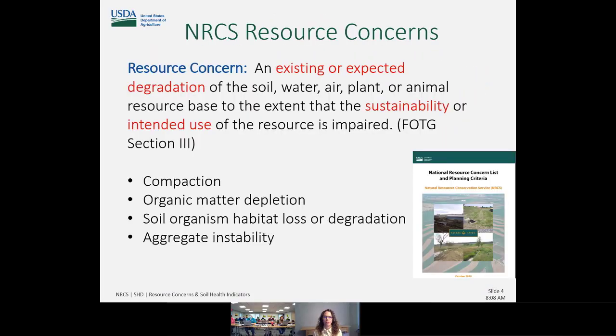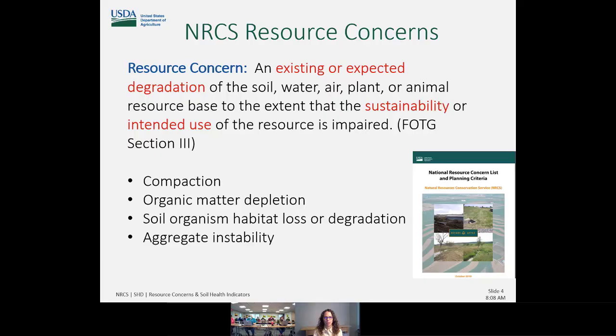So NRCS defines a resource concern as an existing or expected degradation of the soil, water, air, plant, or animal resource base to the extent that the sustainability or intended use of the resource is impaired. And this is defined in the Field Office Technical Guide. There are four soil health associated resource concerns: compaction, organic matter depletion, soil organism habitat loss or degradation, and aggregate instability.